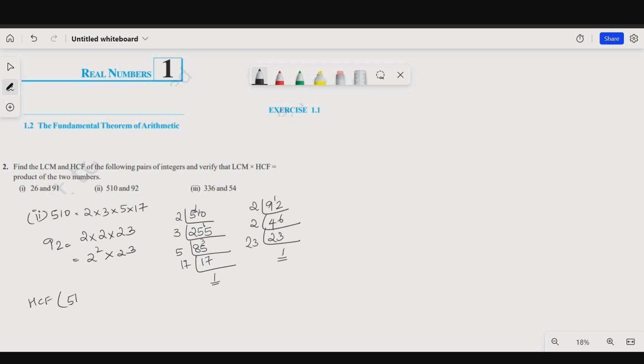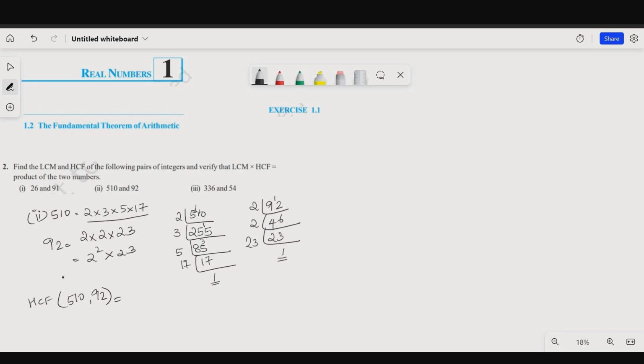Now let's find the HCF. HCF of 510, 92, that is the product of the smallest power of each common prime factor in the number.